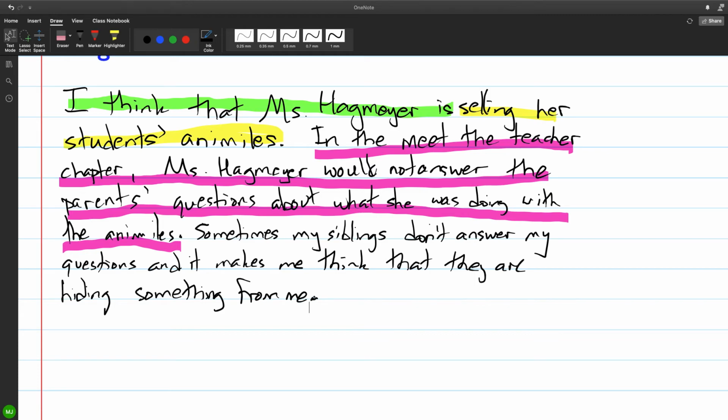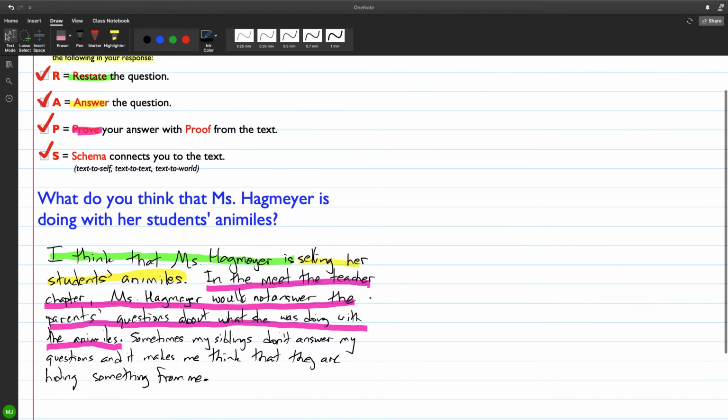That's your schema, friends. Does that make sense? Do you see how that's a complete answer now? That's just fantastic. It gives a personal connection. It's a text to self, schema, and that's like a level 4 answer right there, if you're looking to get level 4.